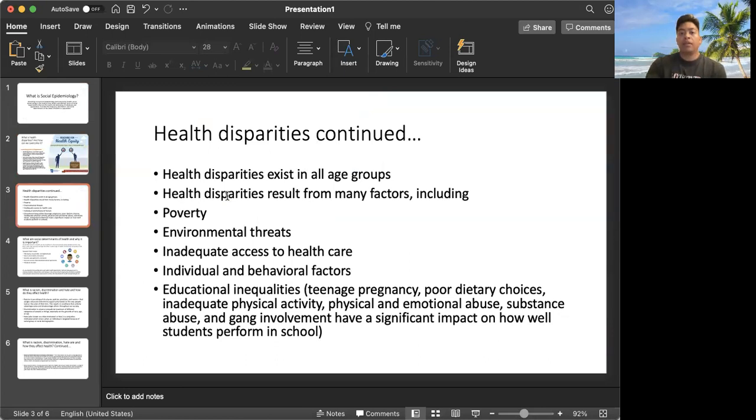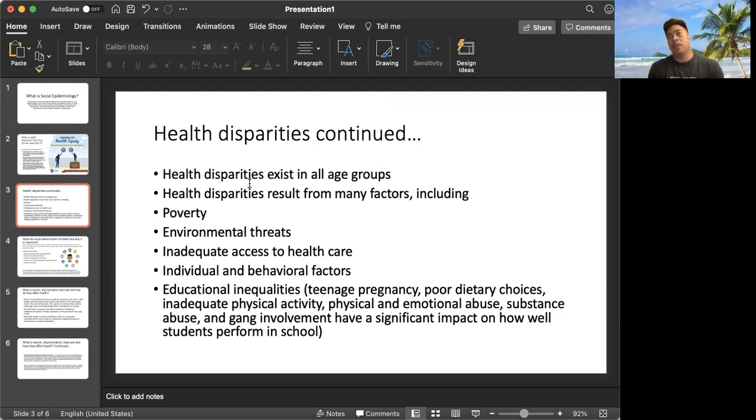Health disparities can exist in all age groups. There are many factors that include poverty, someone who's experiencing homelessness, environmental threats is a health disparity.